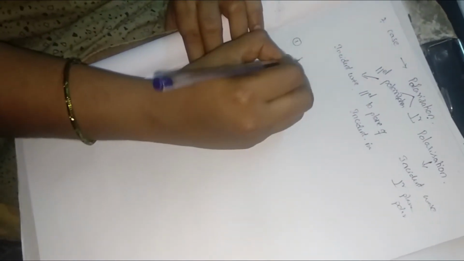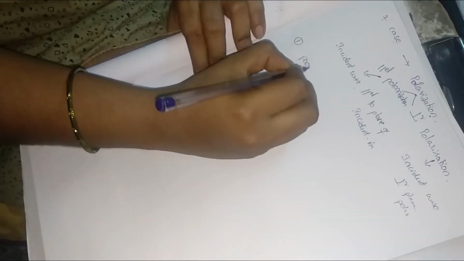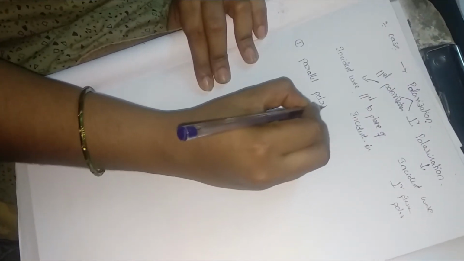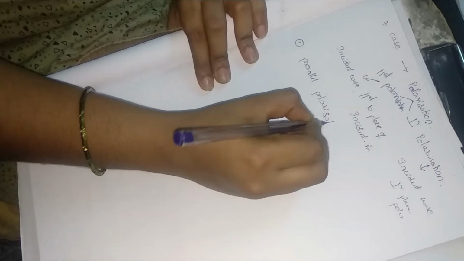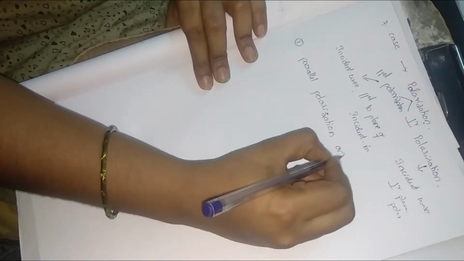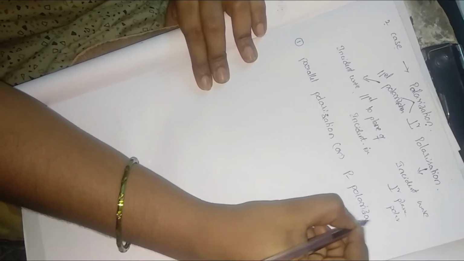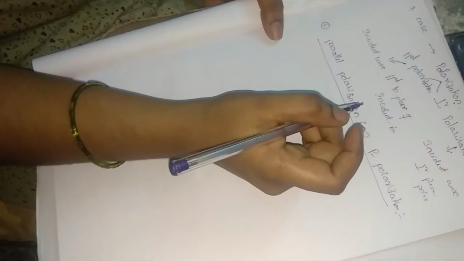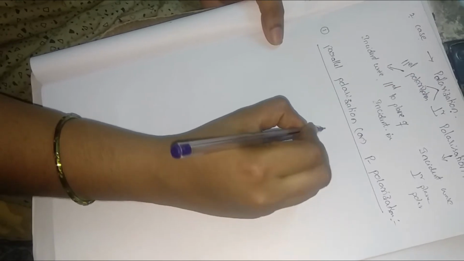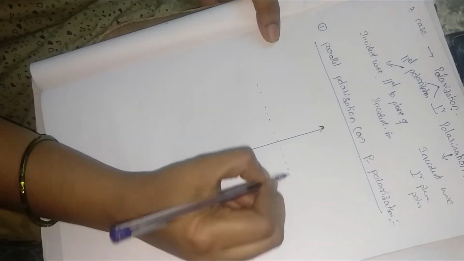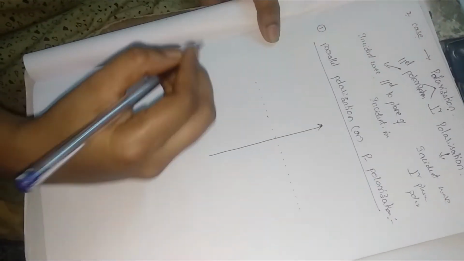First is parallel polarization, or it is also called p-polarization. So now consider two mediums, both are lossless mediums, and this is the boundary.